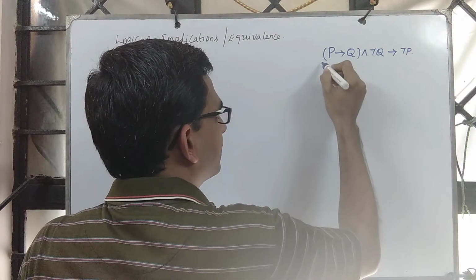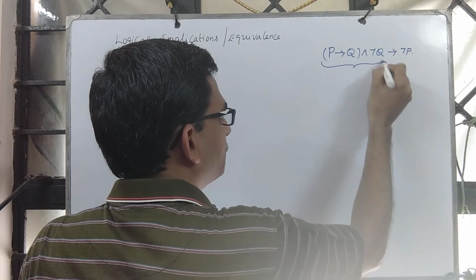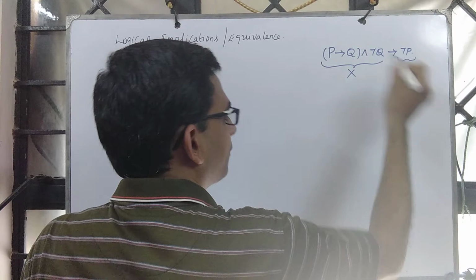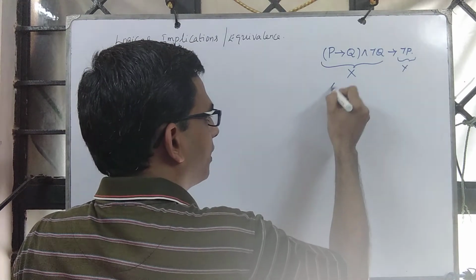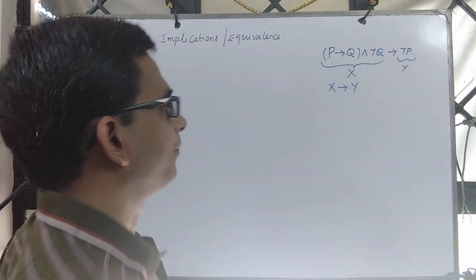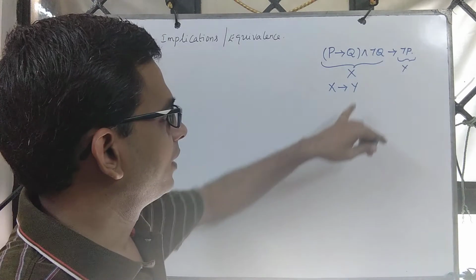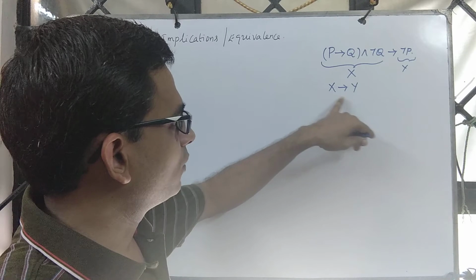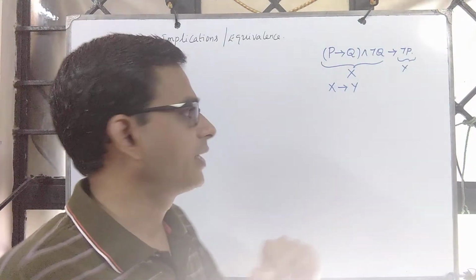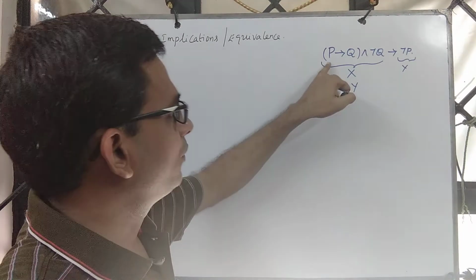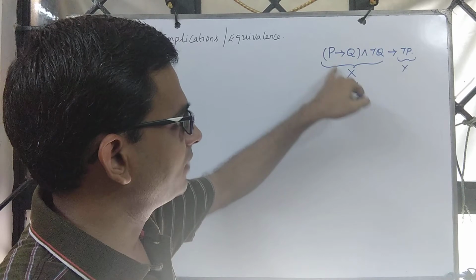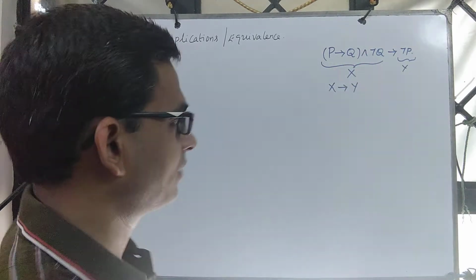So the idea is this: if you look at this one as, say, x, and this one as y, you are given an implication like this. We want to know whether y follows logically from x or not. Correct? When we looked at all possible values of p and q, we observed that x implies y was indeed true.